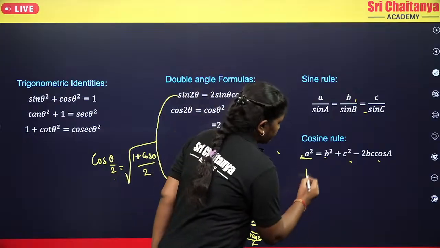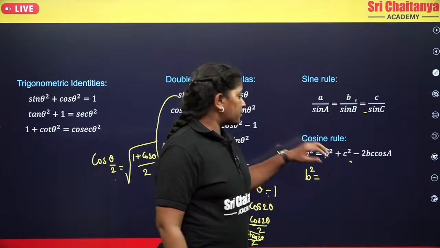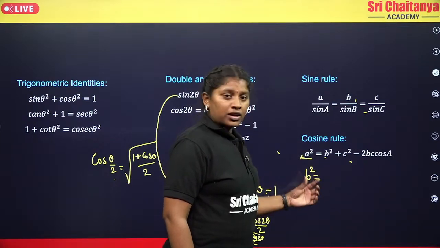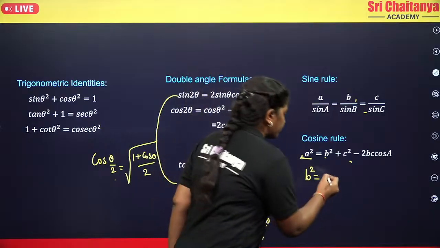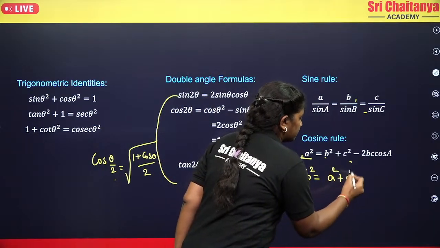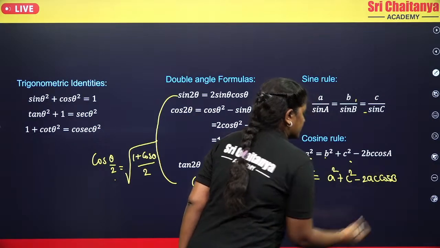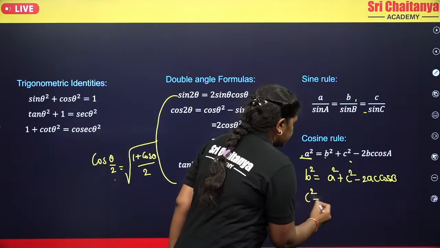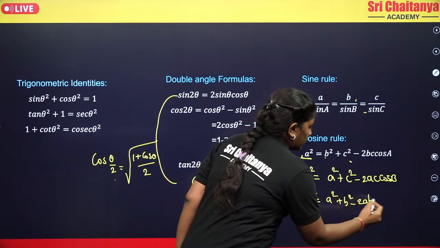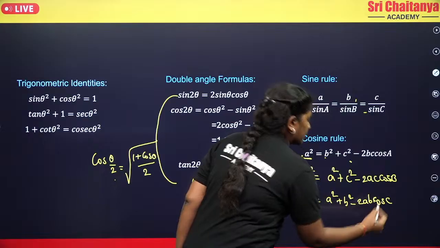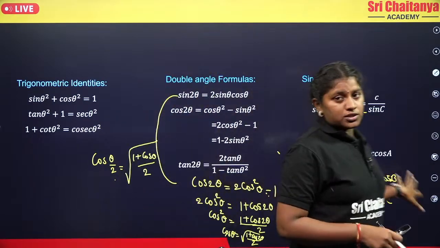If you need to find the b square value, we neglect this b and take the sides we have: a square plus c square minus 2ac cos B. And coming to c square, it will be a square plus b square minus 2ab cos C. This is how we take the extension of the cosine rule also.